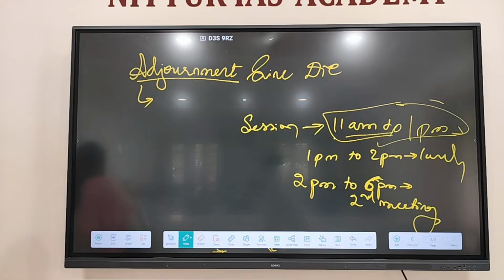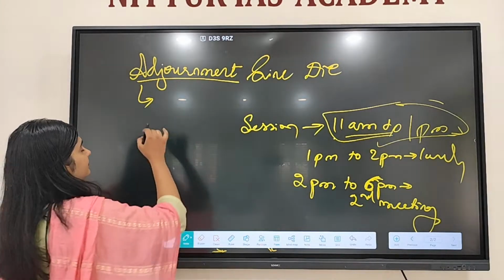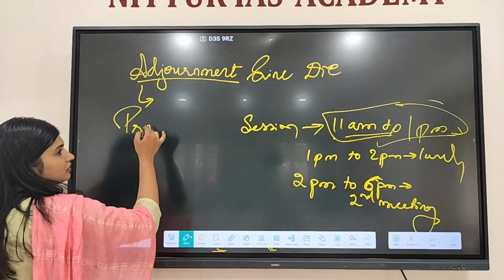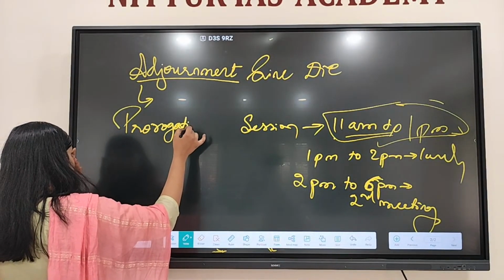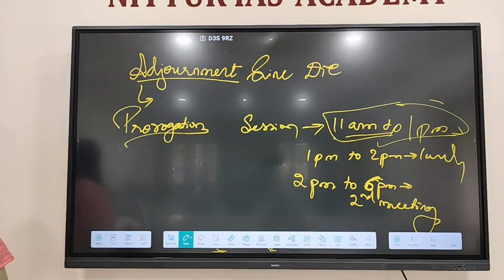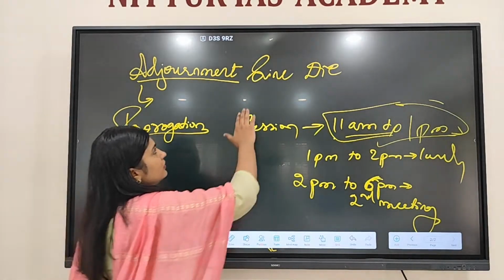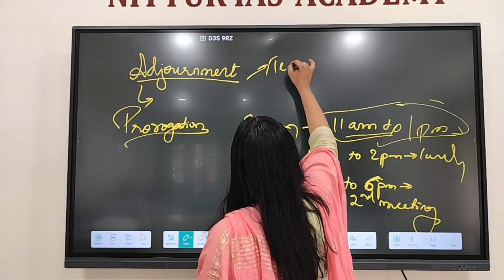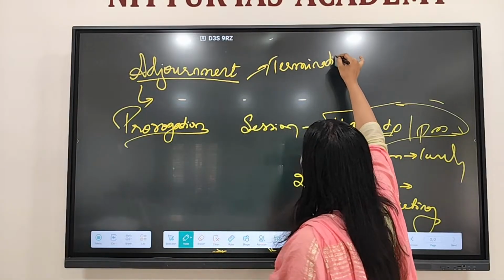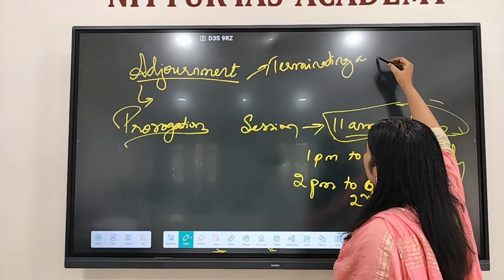Next comes prorogation. Next, the definition of prorogation. See, what is the difference between adjournment and prorogation? Does anyone know? Adjournment means what? Terminating.